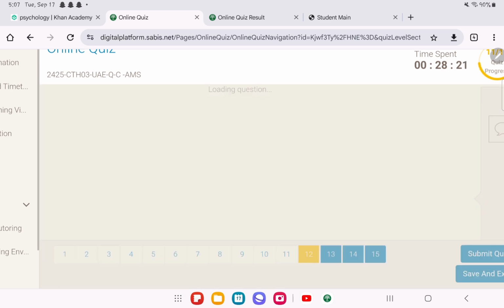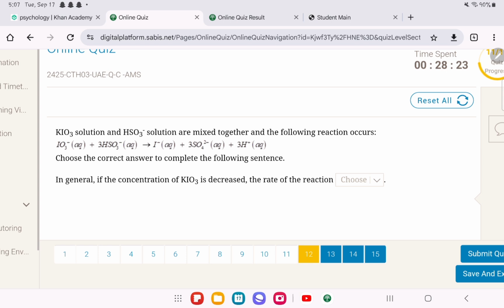Question number 12. In general, if the concentration of KIO3 is decreased, so KIO3 solution and SO3 solution are mixed. So if they are mixed, these are the what? Reactants.